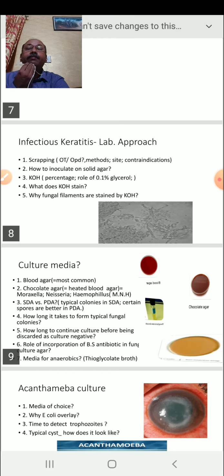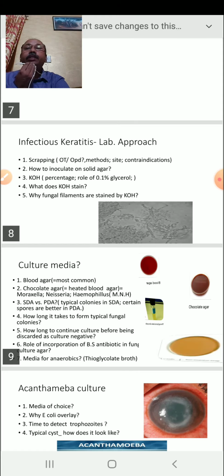What is the criterion of a deep corneal ulcer? Where more than 50% of the stroma is invaded, or where there is a chance of perforation due to descemetocele, or where there is a deep-seated corneal abscess threatening perforation. These are the contraindications of taking the scraping.